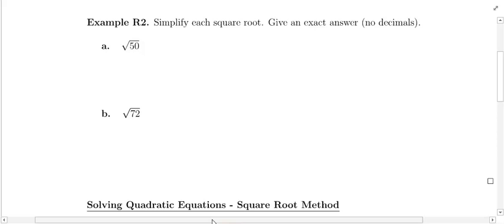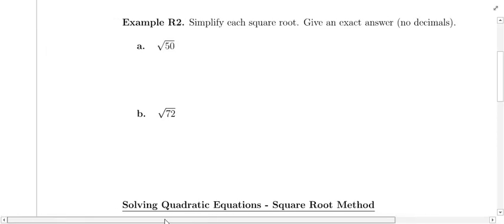Okay, so let's start with the square root of 50 in part A. The first thing you're going to do is take the number underneath and build something called a factor tree. So I'm going to take 50, not the square root of 50, just the number underneath, and I'm going to branch out here and try to rewrite 50 as two numbers multiplied together.